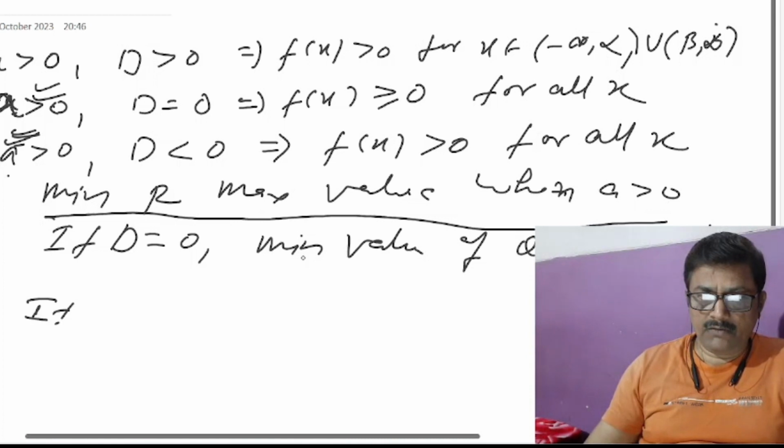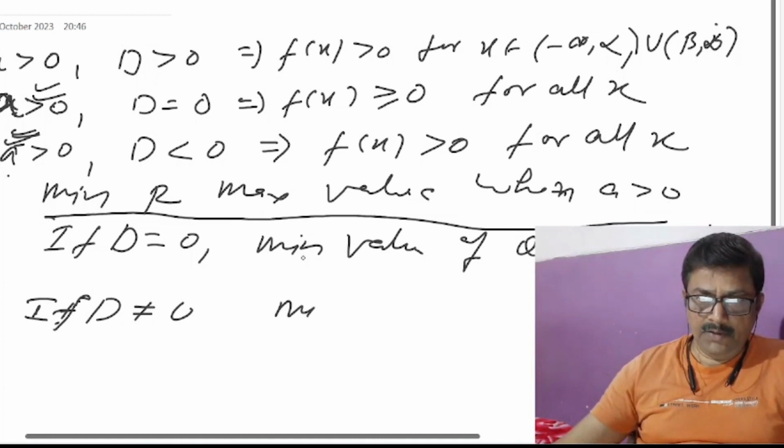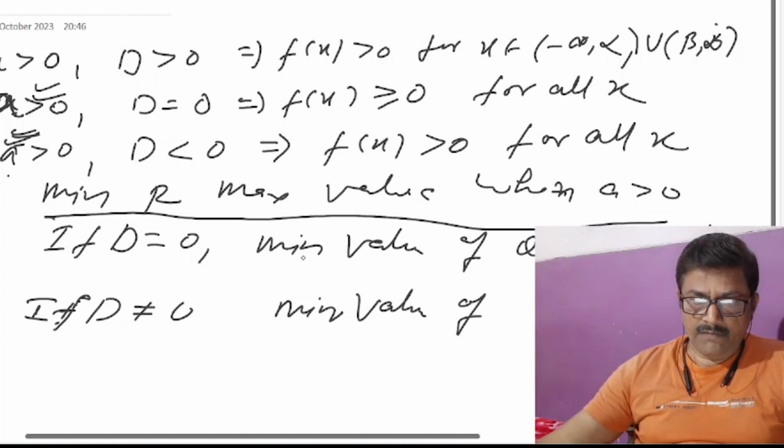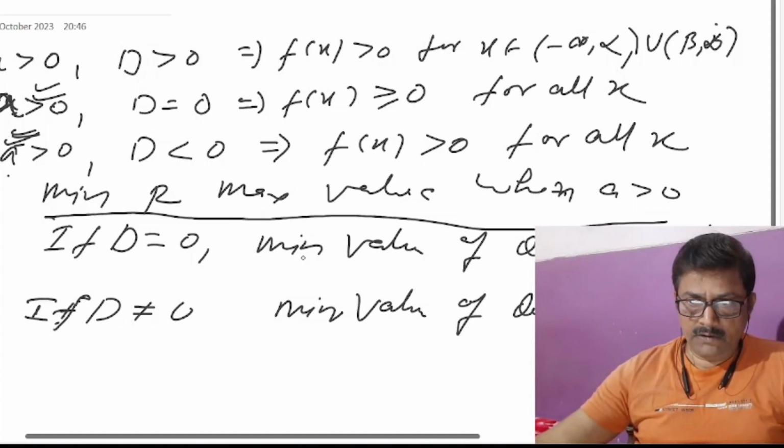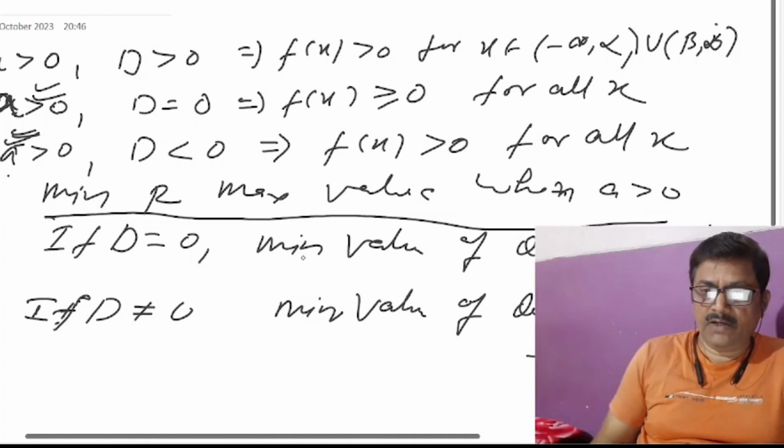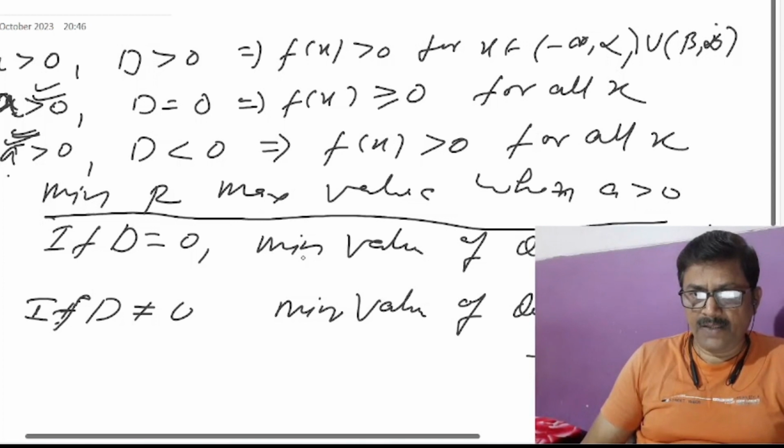If D not equal to 0, meaning positive or negative, then the minimum value of the quadratic will be minus D upon 4a.